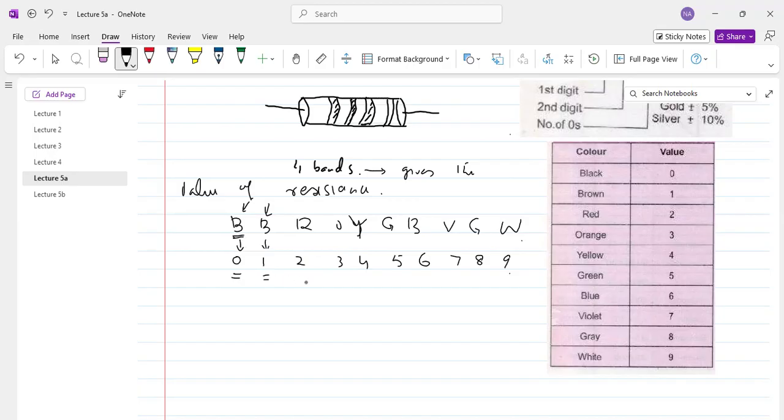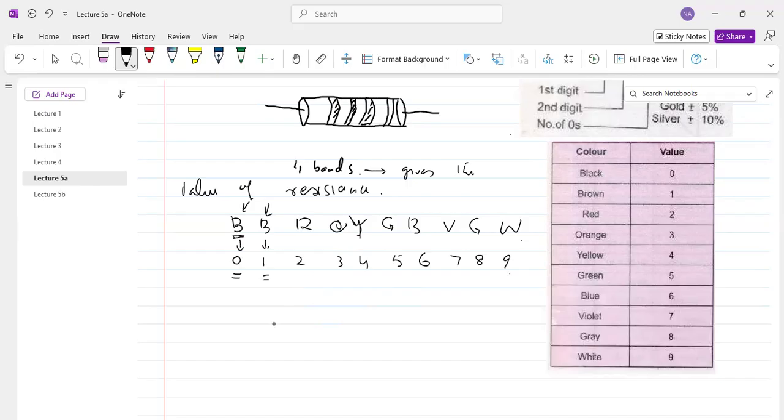When brown, the value is 1. When red, the value is 2. When orange, the value associated with this color band is 3, yellow 4, and so on. We know that every number can be generated with the help of these digits.